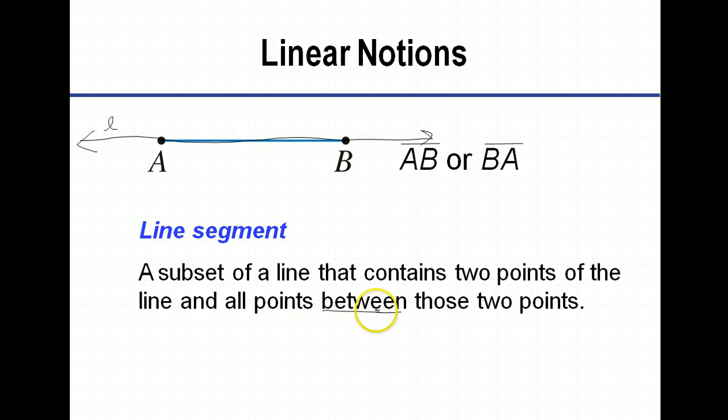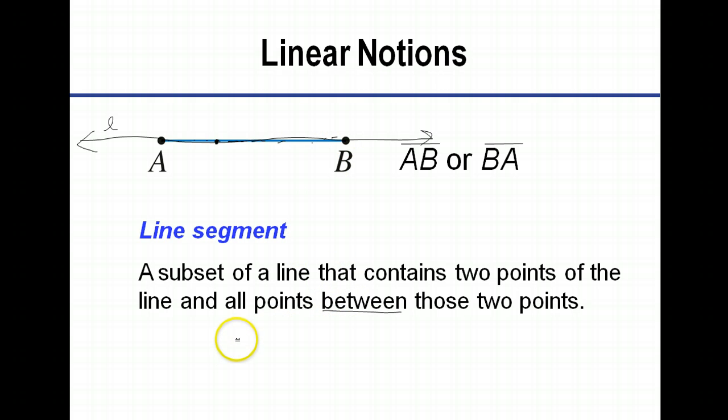Notice we had to define that word a second ago, between, so that this makes sense, right? So for example, this point is on the line segment AB because it is a point between A and B, and the line segment consists of all of the points between A and B.